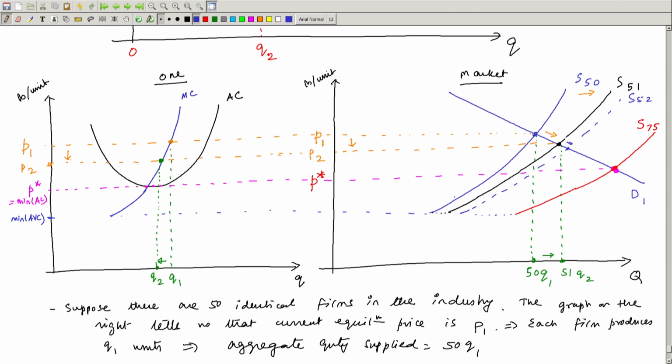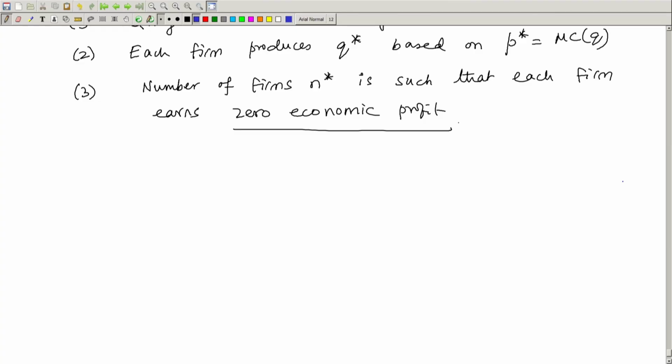So, we have identified what a long run equilibrium is. What will come up next is, can we use this long run equilibrium to now identify the long run supply curve? We know that the short run supply curve is upward sloping, right. So, we have the short run supply curve here with a fixed number of firms, 50 firms, 51 firms, 75 firms.